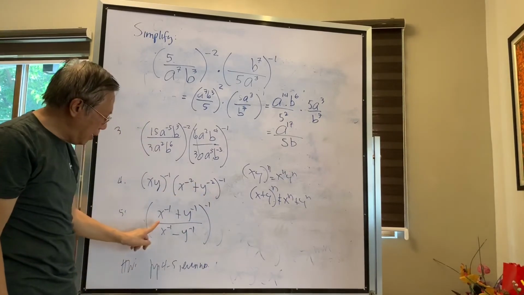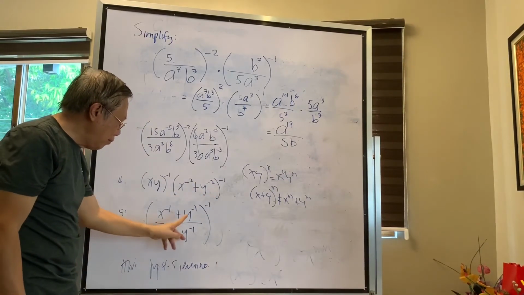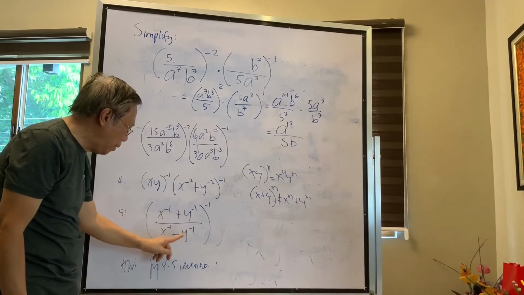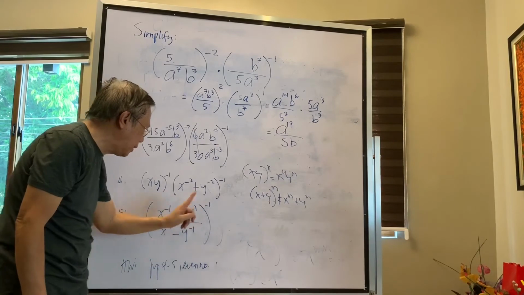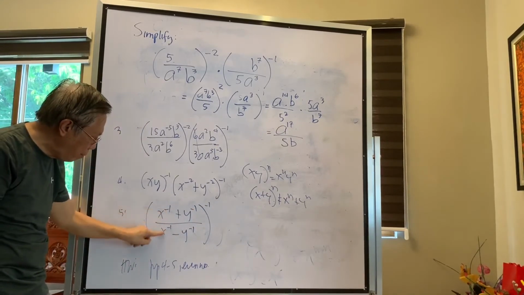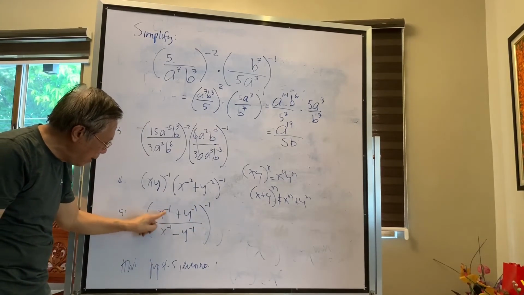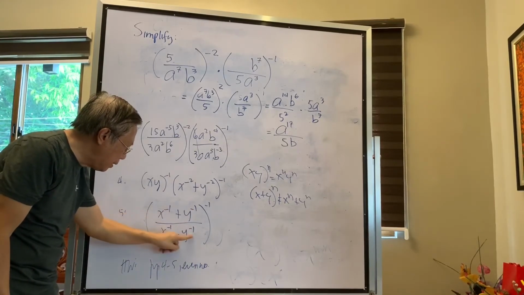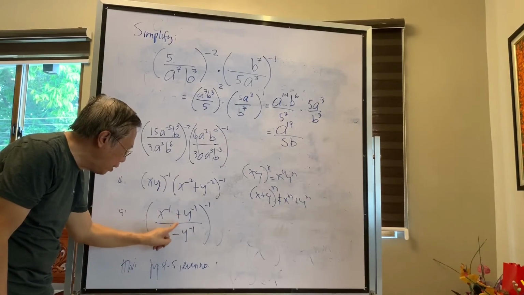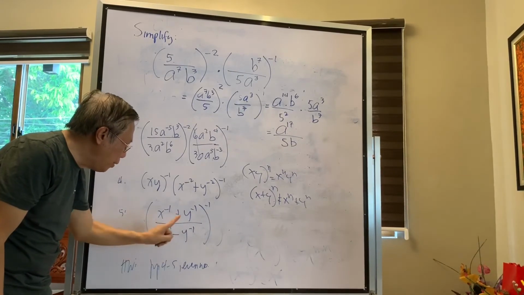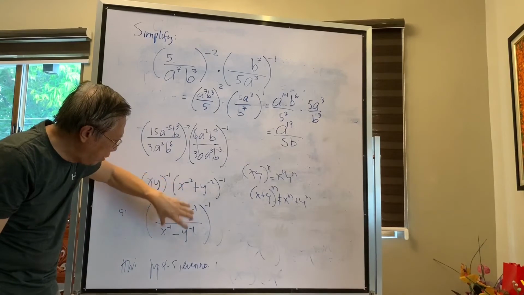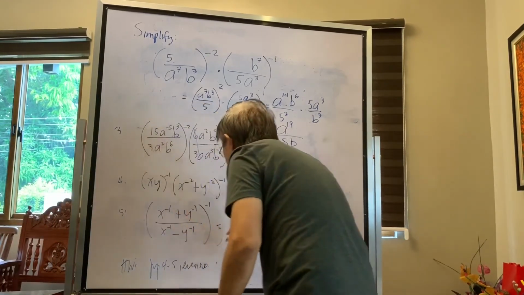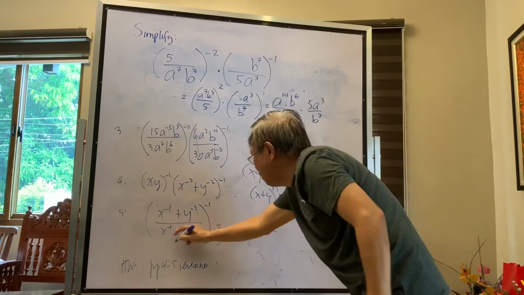Okay? Similarly, for the last number, x to the negative 1 plus y to the negative 1 over this, you cannot actually distribute this. You cannot also bring this one up, this one down to have a positive exponent, because these are terms, so you cannot. The best way to do this is to interchange the numerator and the denominator, so the exponent becomes positive already.